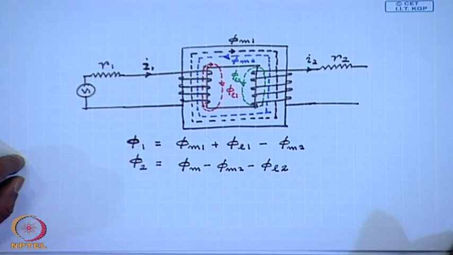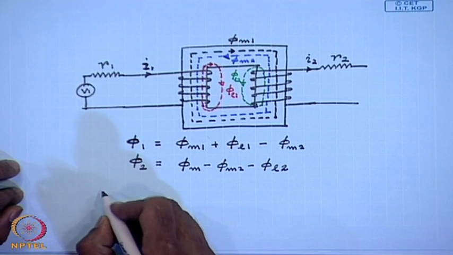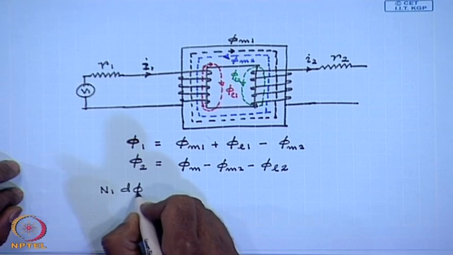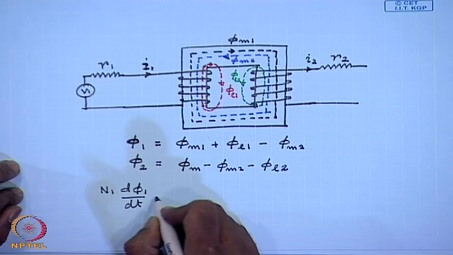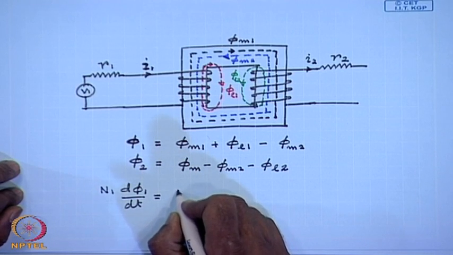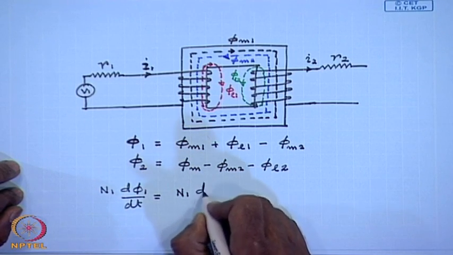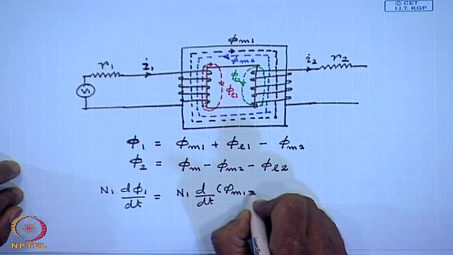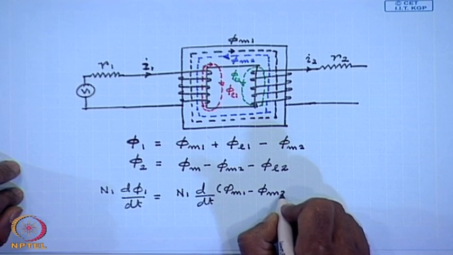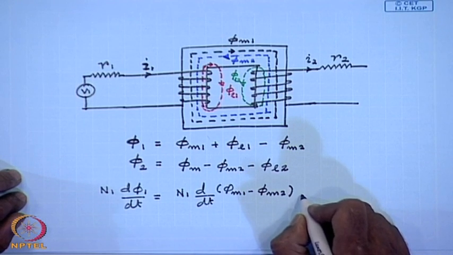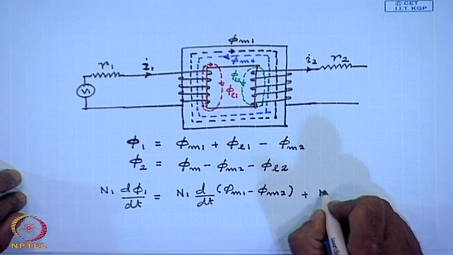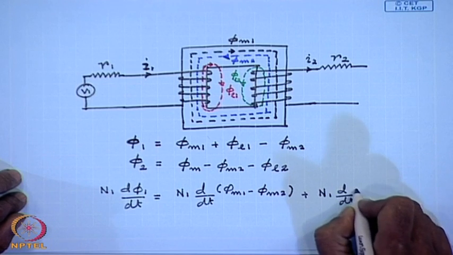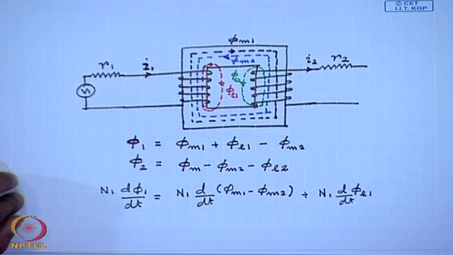Therefore, the voltage induced in coil 1 is N1 d phi 1 dt equal to N1 d dt of phi M1 minus phi M2 plus N1 d dt of phi L1.